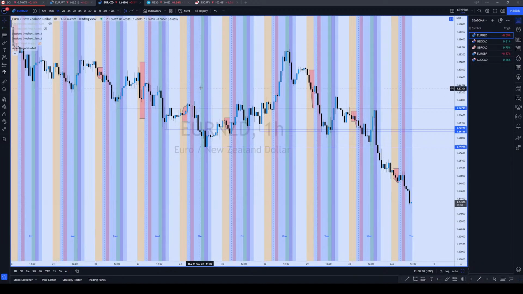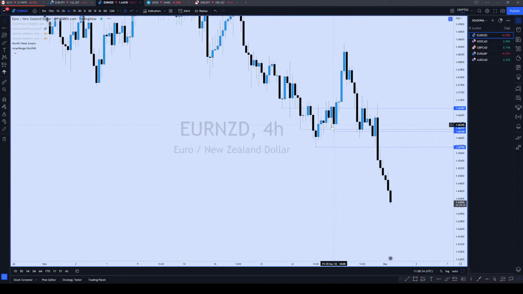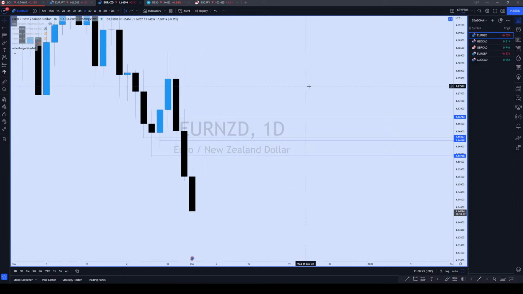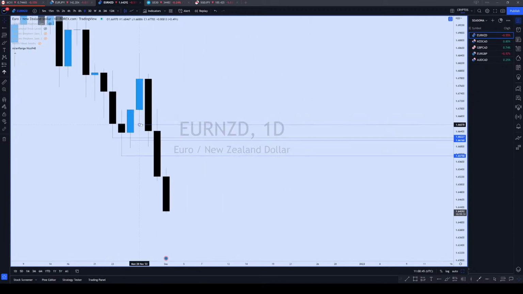Okay, something like that. All right, those are all previous day's lows. And then look at the H4. So this is Monday. This is Monday. That's Monday's low.